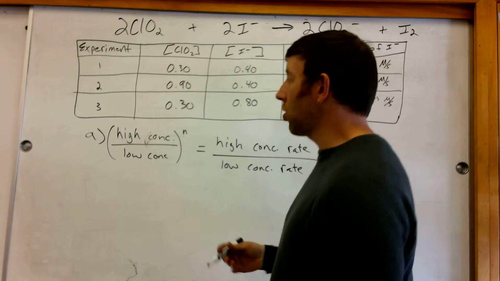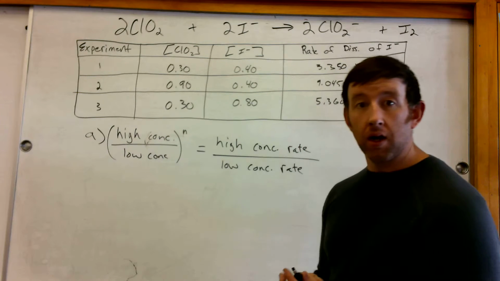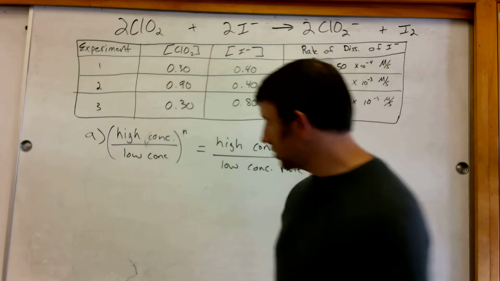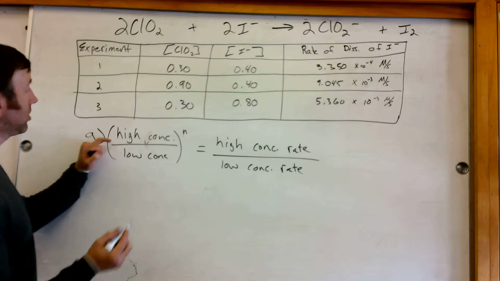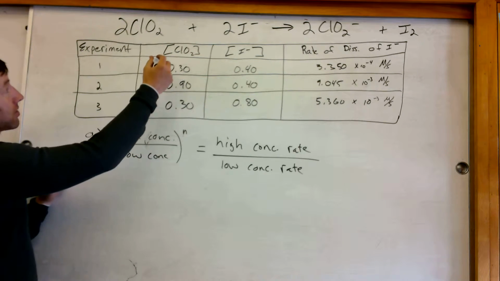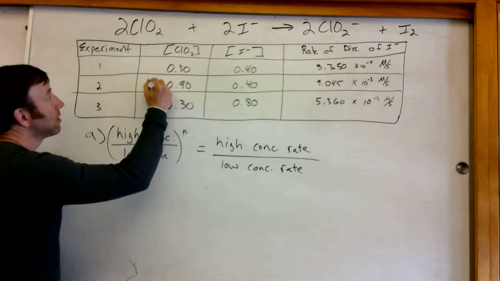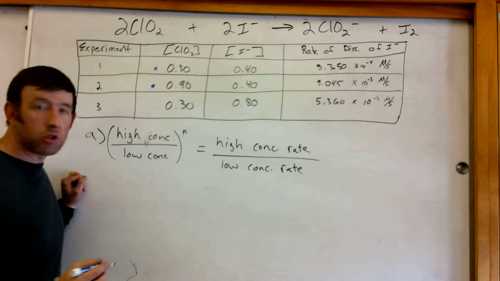Now I'm just going to plug values in and do some basic algebra. My high concentration and my low concentration with respect to chlorine dioxide are those two values.